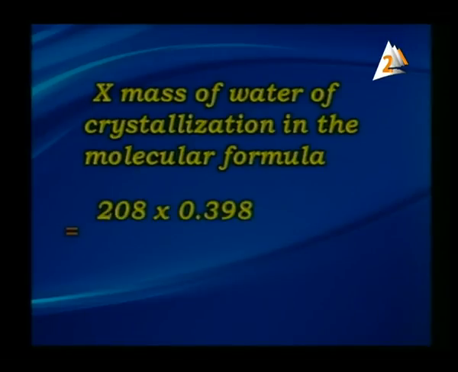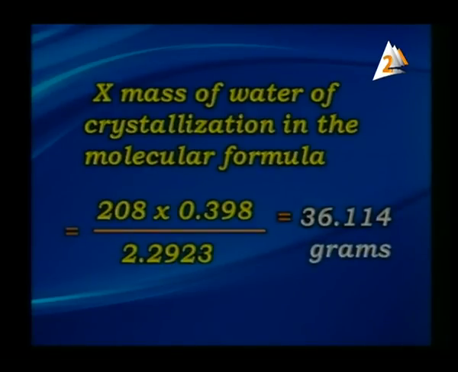Now we have 208 times 0.398 divided by 2.2923, which equals 36.114 grams. Concentrate with us very well. Now we know X equals 36.114 grams.